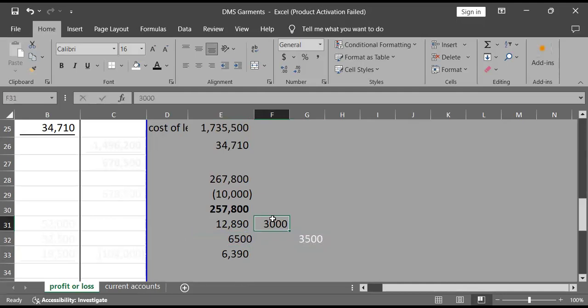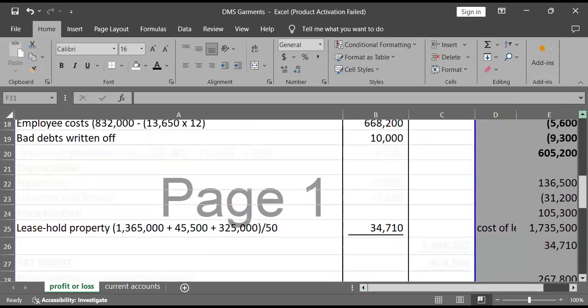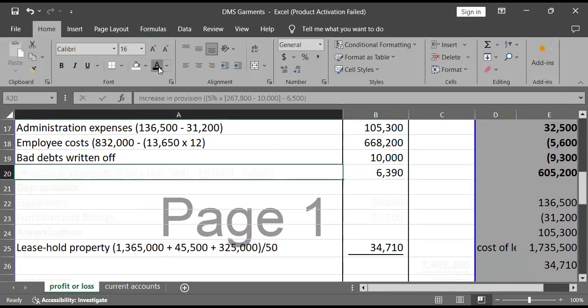I hope we are together. Okay, so we are going to expense our increase in the provision, which is 6,390. Clearly, we're going to show our increase in provision being that.